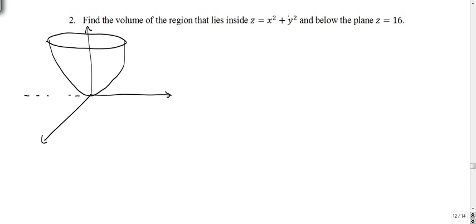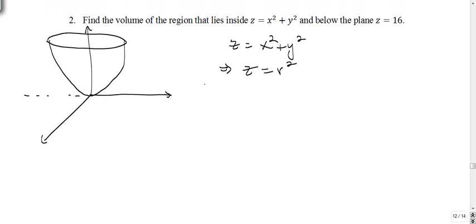Let's convert to polar coordinates because we see this x squared plus y squared there. So z equals x squared plus y squared gives me that z equals r squared. We need to find the limits for r. To do that, we need the intersection between the two surfaces. That is going to give you a radius.